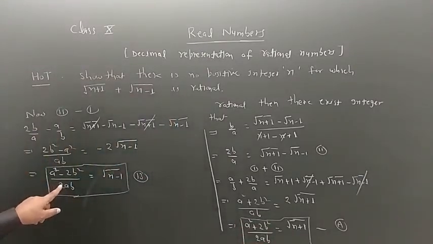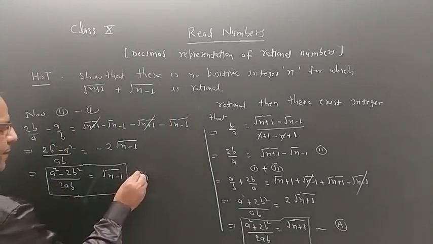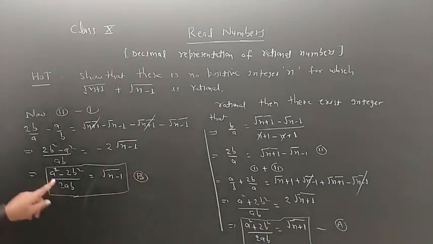Similarly, in equation number B, the left hand side is certainly a rational number.